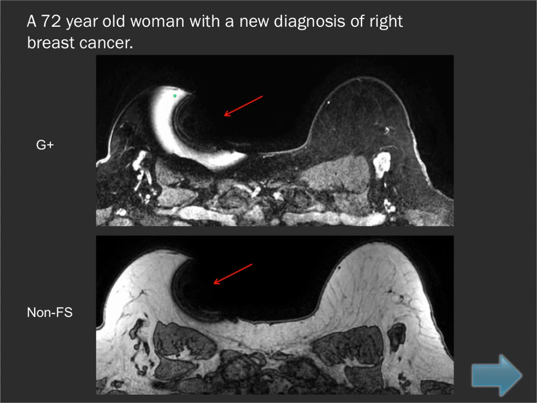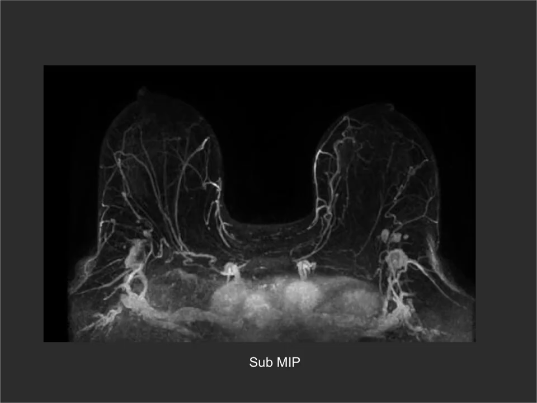It has altered the fat suppression surrounding it, so this looks like an enhancing lesion, but if you look closely, it's going to look the same on both the pre and post gadolinium image. When you look at the non-fat SAT, where we don't see this effect, we're not seeing that there. And when we look at the subtraction image, here's our MIP subtraction, and there's absolutely nothing in that area to suggest abnormal enhancement.